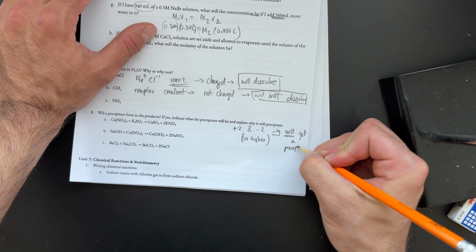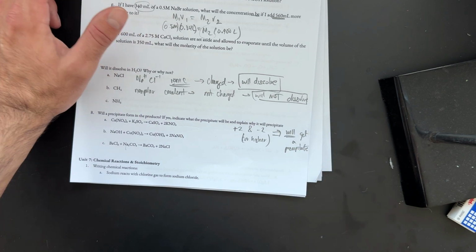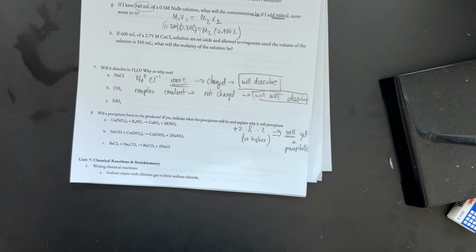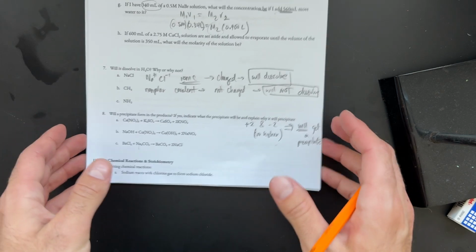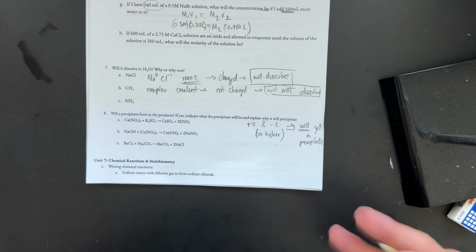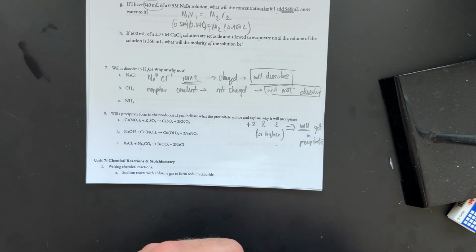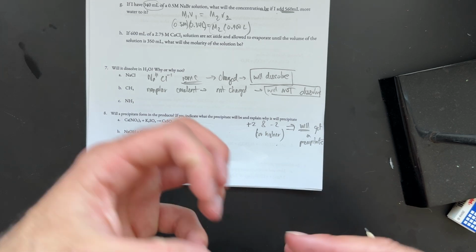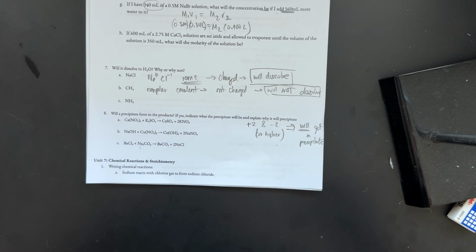What that means is the anion and the cation are so attracted to one another that water isn't going to be able to pull them apart, and therefore they will continue to be a solid that's not dissolved, and therefore it's going to precipitate out.